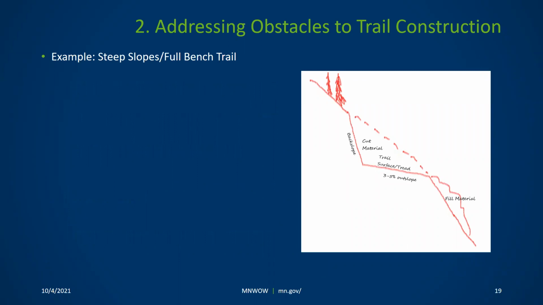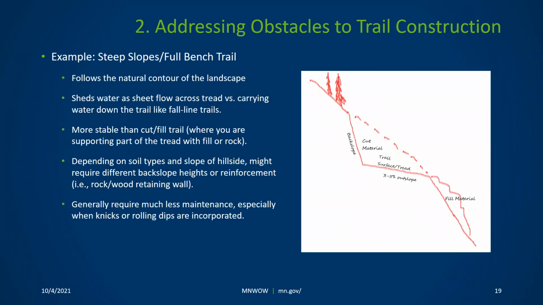In order to address this, I had mentioned installing a full bench trail. Here's an exaggerated sketch of a full bench trail. Again, it's going to follow that natural contour of the hillside. It sheds water as sheet flow across the tread versus carrying it down the trail, as in those fall line trail examples.